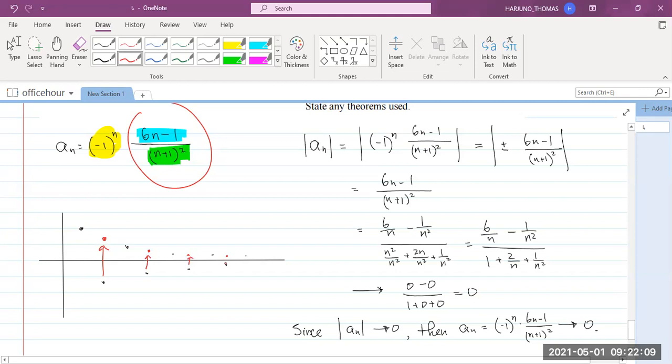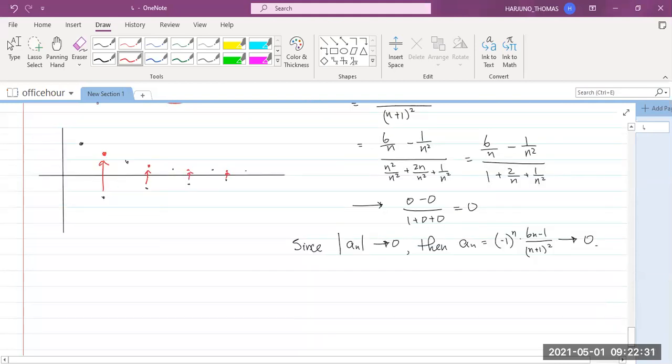And it converges to 0. So if the absolute value of the sequence converges to 0, then the sequence converges to 0. But that holds only if the absolute value converges to 0. If it converges to another number, then it's not necessarily so.